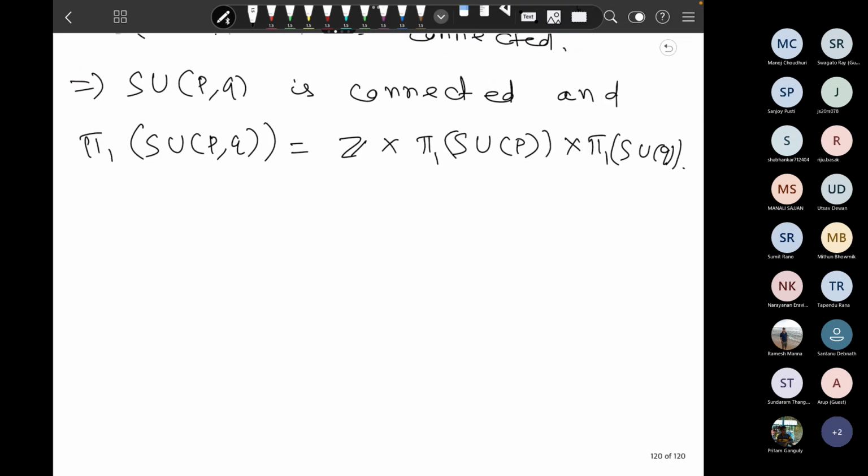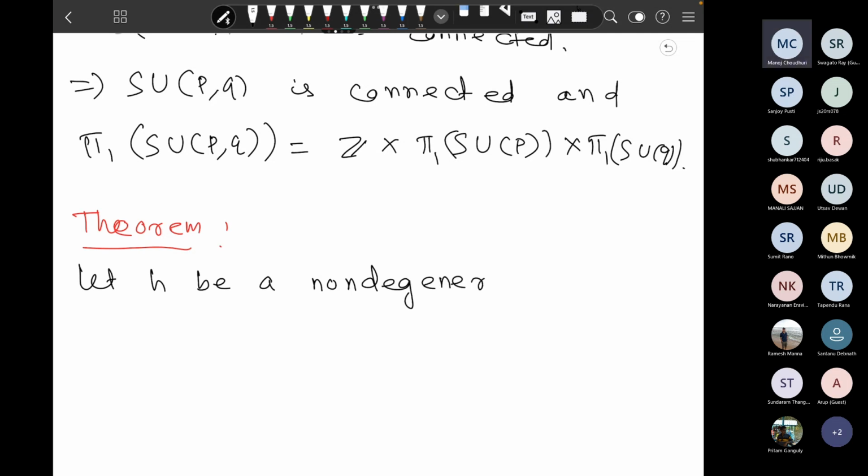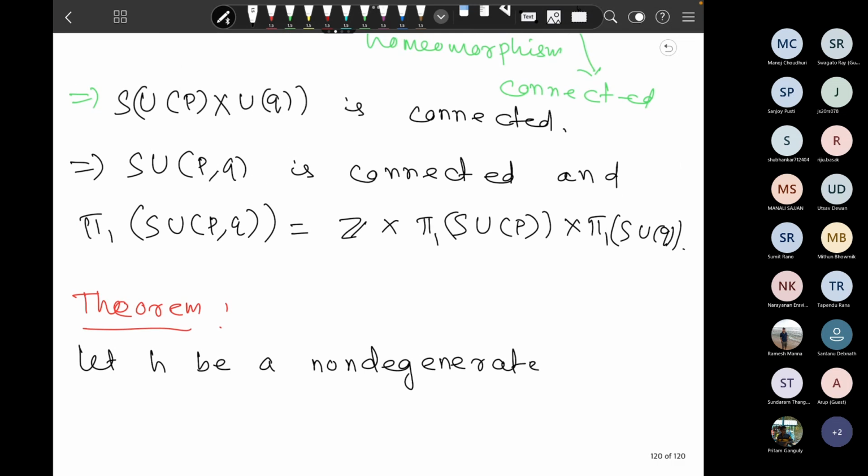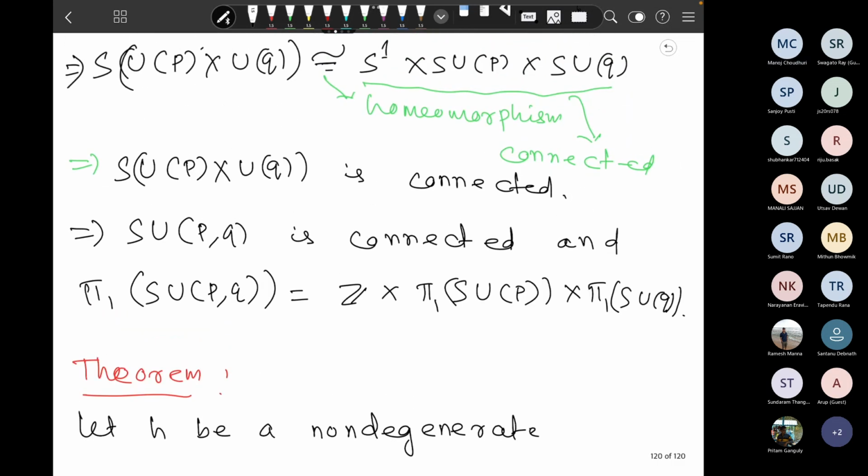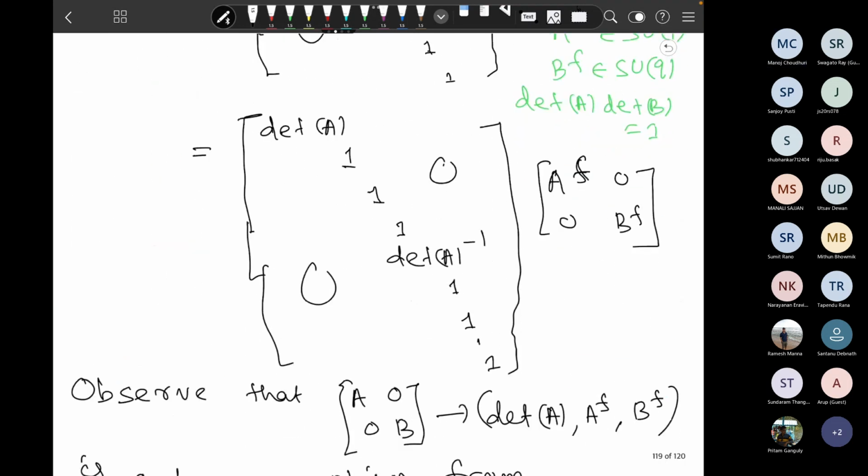Just I have to write one theorem, the analogous theorem for the symmetric bilinear form. Let H be a non-degenerate. So here, is it a semi-direct product or direct product? Here it will be a direct product, because that is how we get the topology, the fundamental group. You just slightly go back to the previous page.